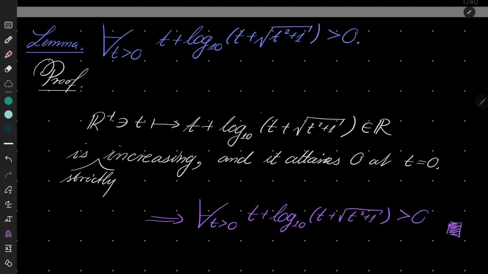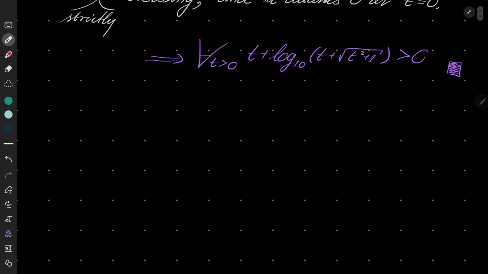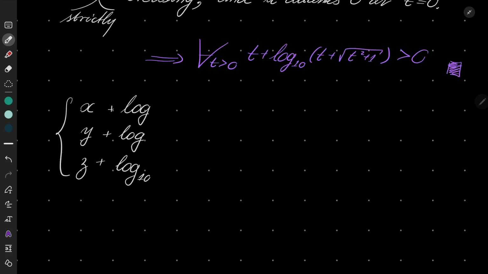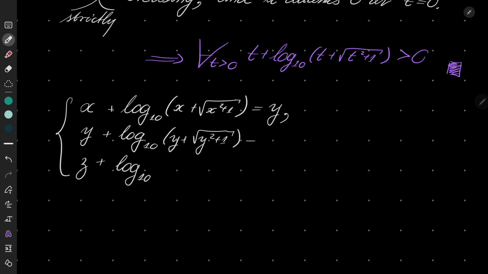Okay. And now let's consider our system of equations. I will write them. Here is our system of equations.